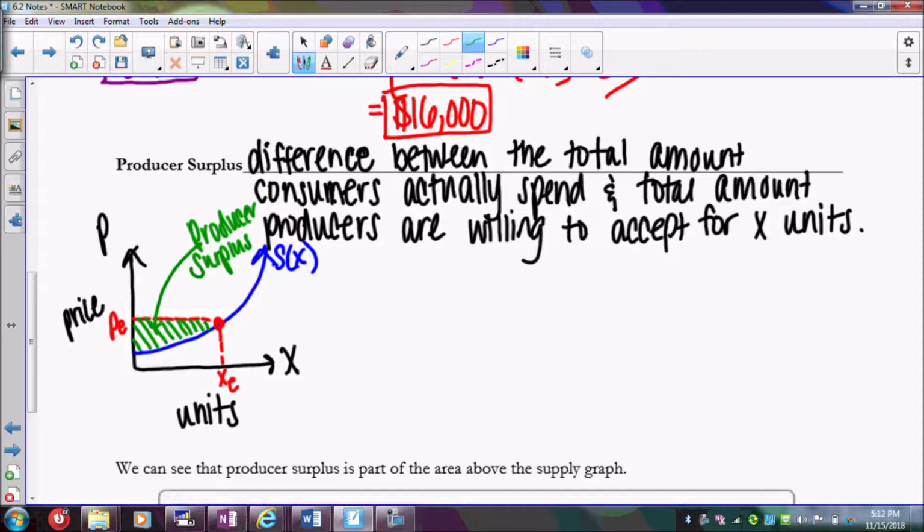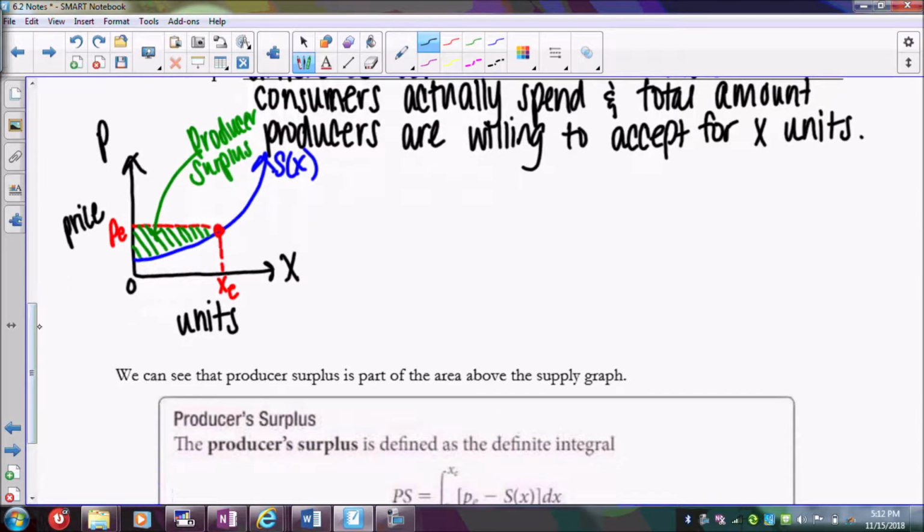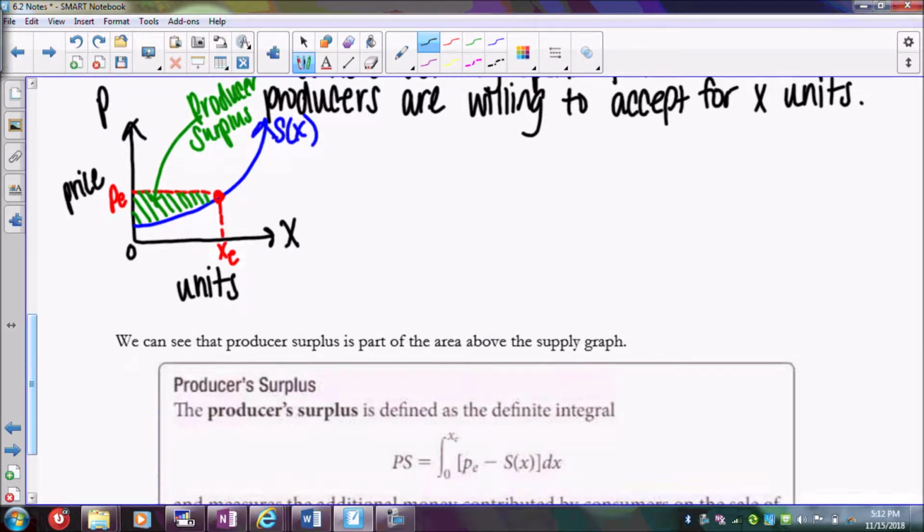So that means you would take P sub E and subtract off the supply function, and then integrate from 0 to x sub E. So if you look at the formula down below here, for the producer surplus, it's going to be P minus S of x. P is first because that's greater, and then S of x is below it. Then you integrate from 0 to x because that's the region you're looking at. So that's where it comes from.